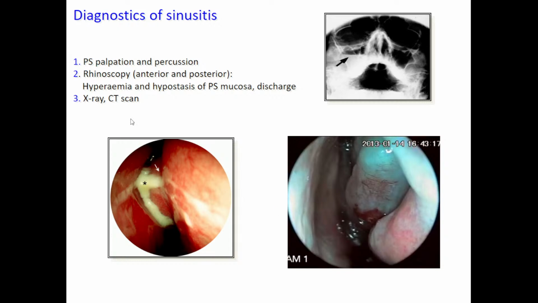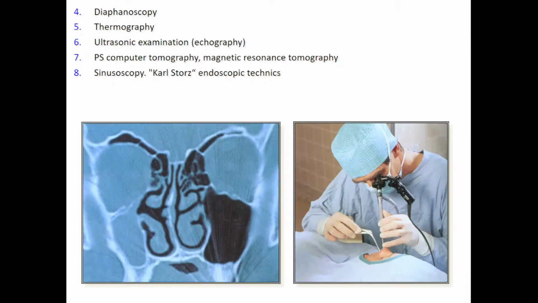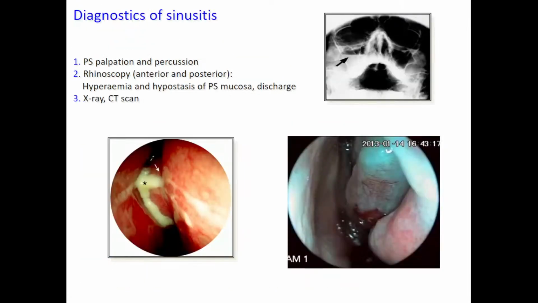For X-ray examination, there are two main positions of patients. It's the Waters position and the Caldwell-Luc position. For example, on this picture, you may see the level of fluid in the right maxillary sinus.